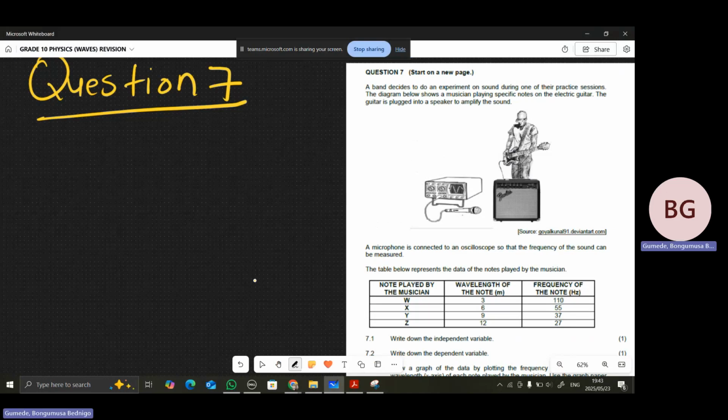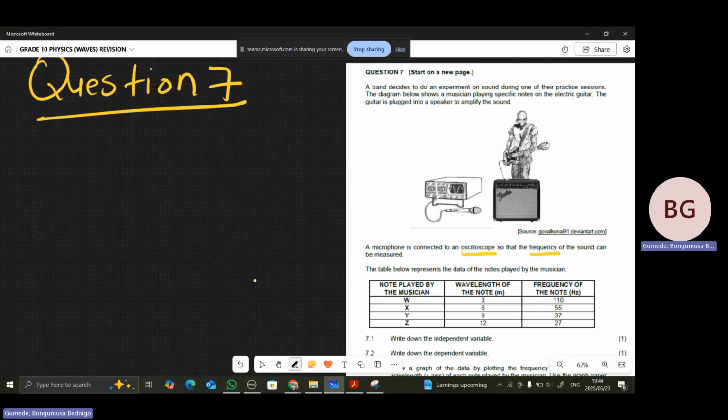A microphone is connected to an oscilloscope. An oscilloscope is an instrument that measures the frequency of waves. You can see the wavelength of the waves. It can actually display the wave for you. So it measures the frequency, so that the frequency of the sound can be measured.